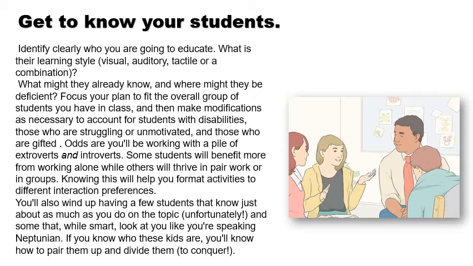Focus your plan to fit the overall group of students you have in a class, and then make modifications as necessary to account for students with disabilities, those who are struggling or unmotivated, and those who are gifted.